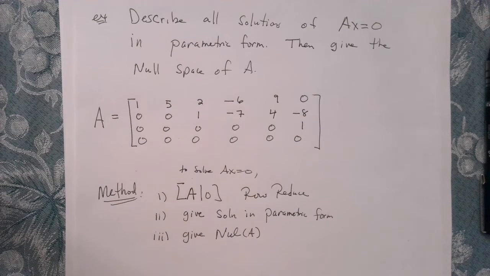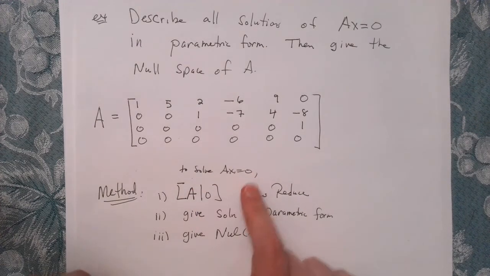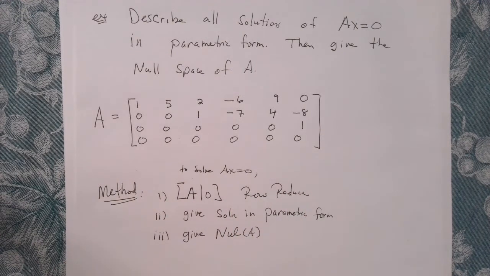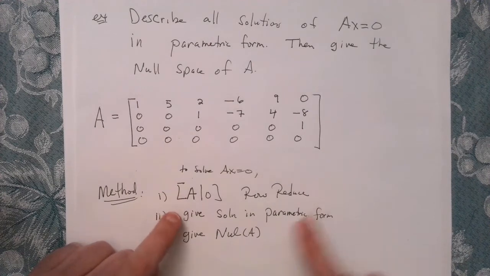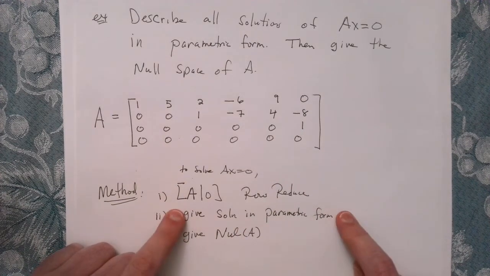Then we want to give the null space of A. So we've got quite a large matrix for A. And so how do we first solve AX equals 0? Well, to solve AX equals 0, we want to set up this matrix, and then we want to row reduce. Once this is in reduced echelon form, we're going to give the solutions in parametric form. And once we have the solutions in parametric form, it's going to be pretty easy to give the null space.